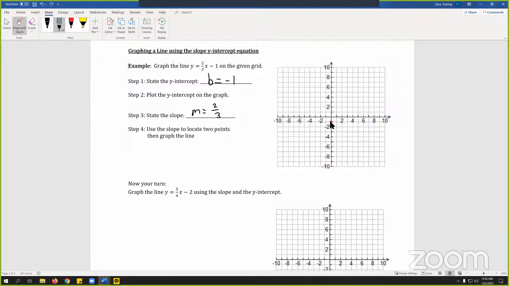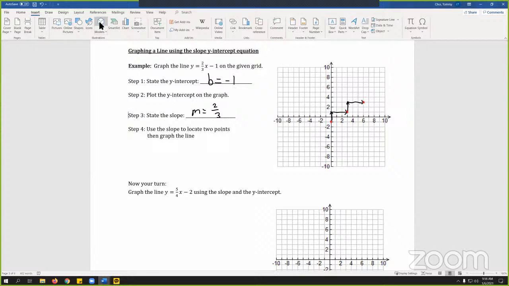So if we count up, we go 1, 2, 1, 2, 3. So if I use my black pen here, I go up 2 squares, right 3 squares, and there's my next point. Then I do it again, up 2 squares, right 3 squares, and there's my next point.